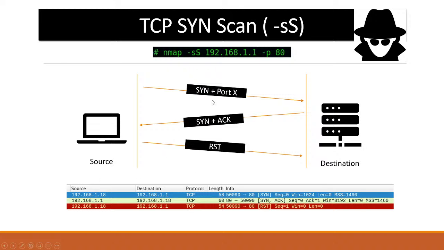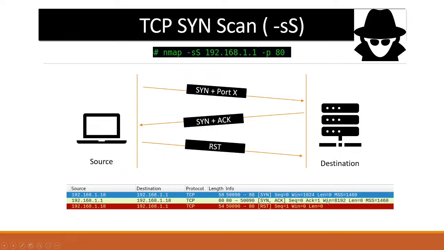So you can see the packet capture below. Here 192.168.1.18 is the source, in this case my Kali Linux machine, and 1.1 is the target, which is again my router in the LAN. So I have sent a SYN to port number 80. This is the SYN flag on, and the destination port, you can see here, is 80.